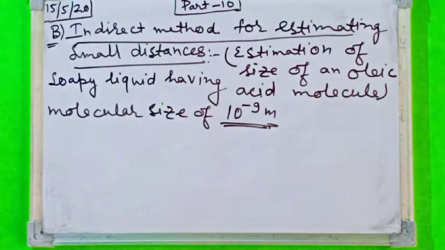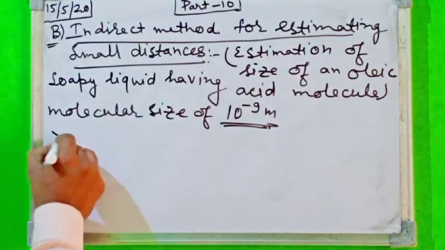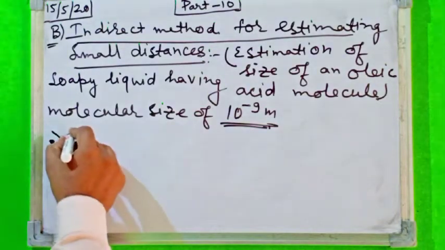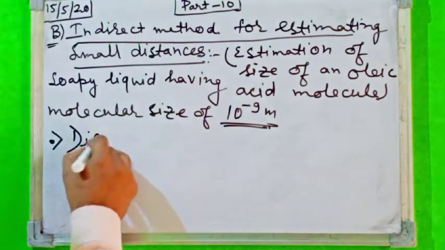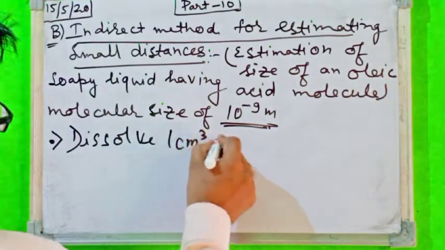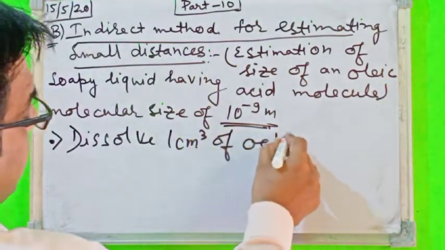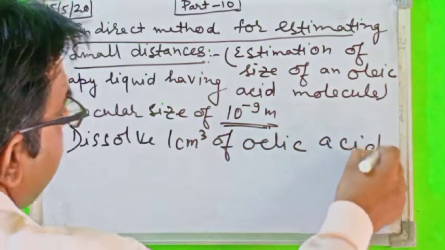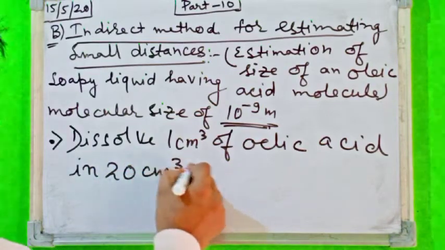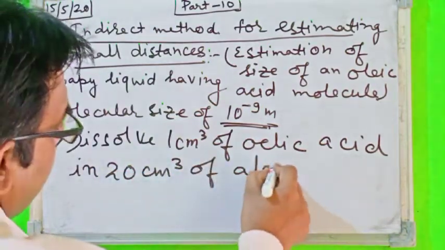So first of all, we will dissolve 1 centimeter cube by volume of oleic acid in 20 centimeter cube of alcohol.